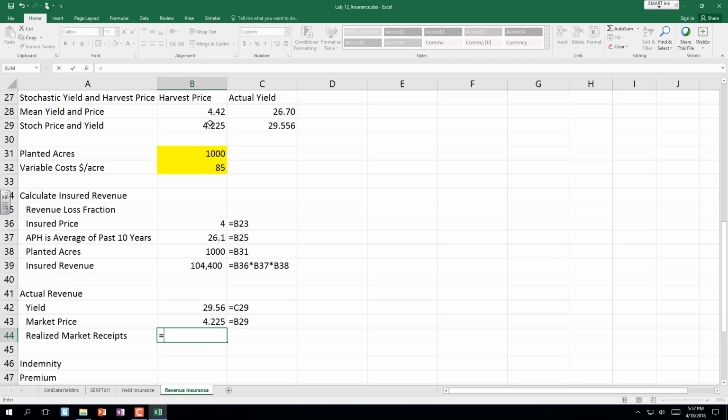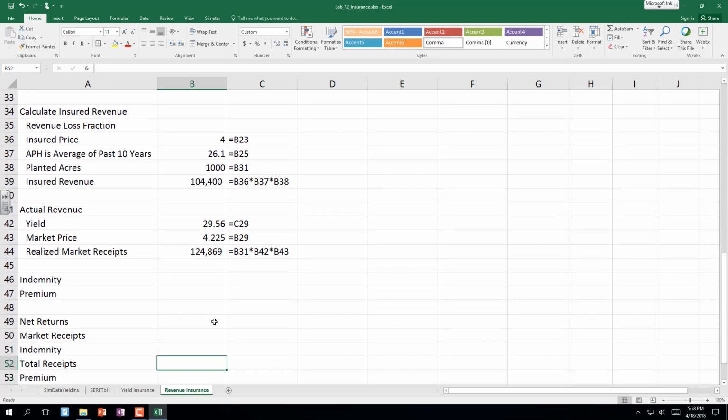It doesn't call for it right there, but I'm going to put acres in. Otherwise, you can get an indemnity every year if you didn't put acres in. I'm going to put in yield and put in market price. Okay. Now, my realized revenue is $125,000 roughly. I insured at $104,000.